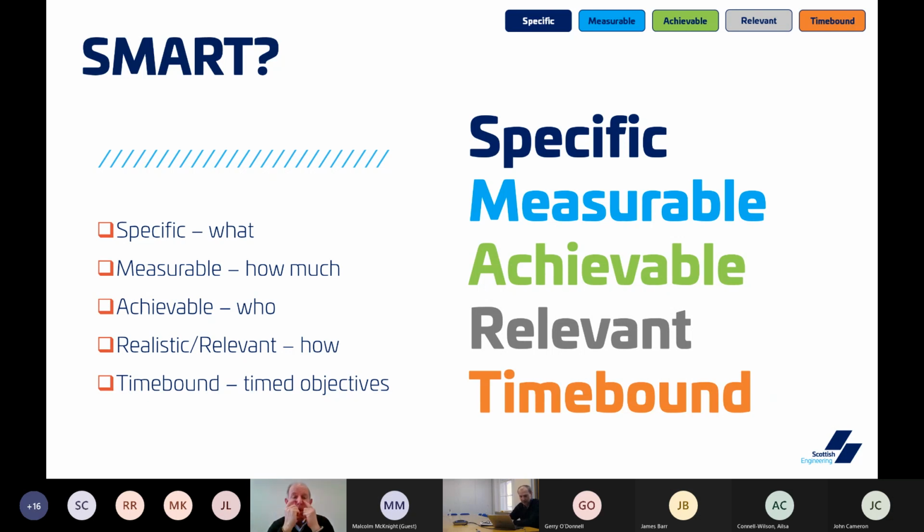That's the interdependency we talked about. The R for realistic or relevant, and that's how. And the T, which is the most important one but the hardest to nail down, is time bound. So that's why it needs to be a SMART roadmap. And those are the color codings I'm going to be using through the presentation.